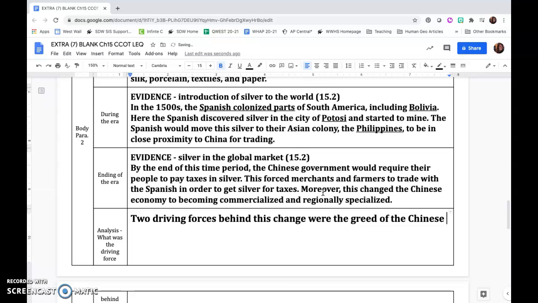Two driving forces were the greed of the Chinese government for silver and the Europeans' desire for Chinese goods.